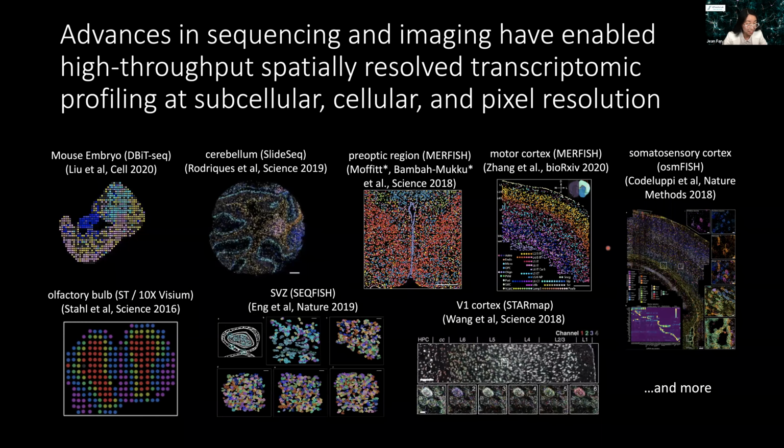Luckily for us, there have been quite a number of advances in sequencing and imaging technologies that have really enabled us to profile, in a very high throughput manner, these spatially resolved transcriptomic measurements at either subcellular, cellular, or even pixel resolution. These are just a few of the technologies highlighted.